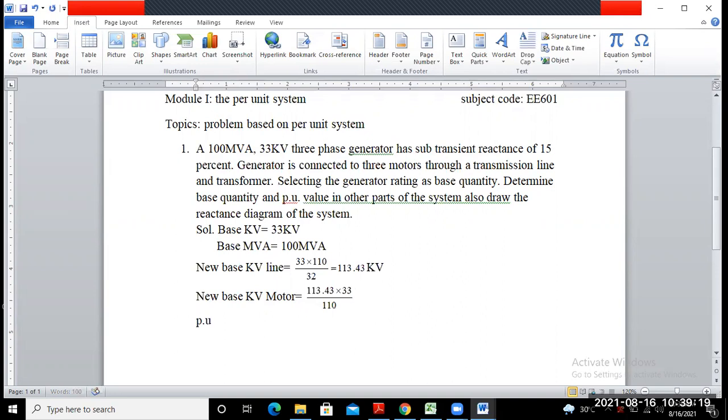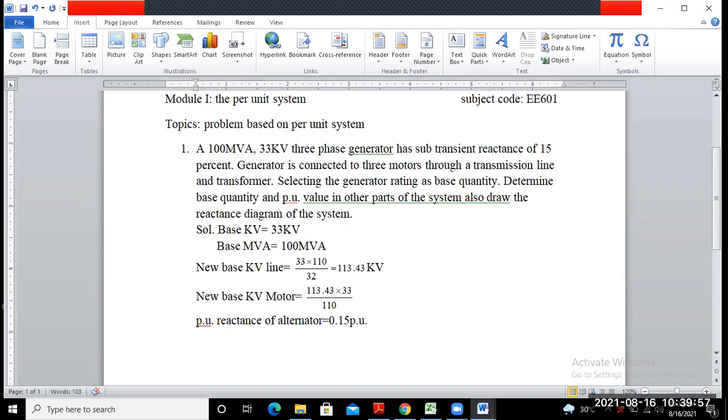So per unit reactance of alternator is equal to 0.15. Since the reactance is given in percentage, that means 15% divided by 100. So 0.15 per unit.